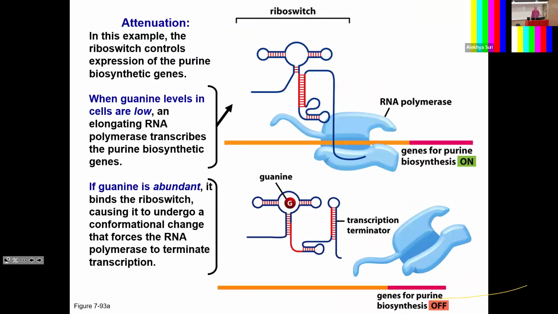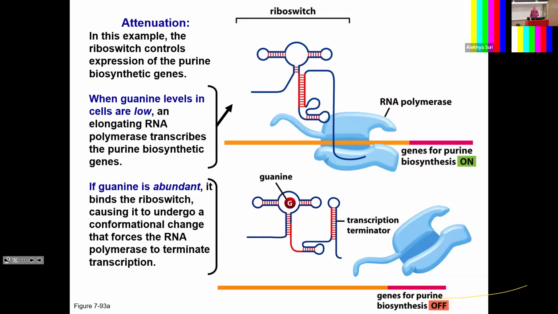Attenuation is a process where the end product, for example, will interfere with the RNA on the transcriptional level. It will turn off the transcription process by dissociation of the RNA polymerase from the DNA.